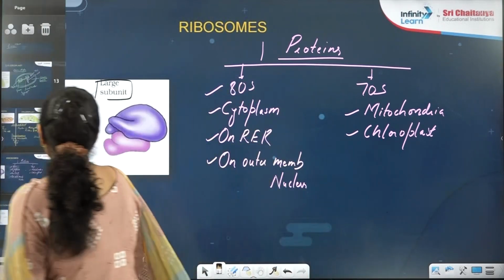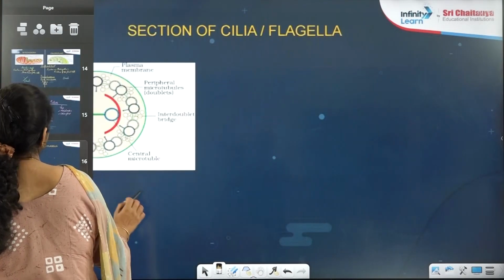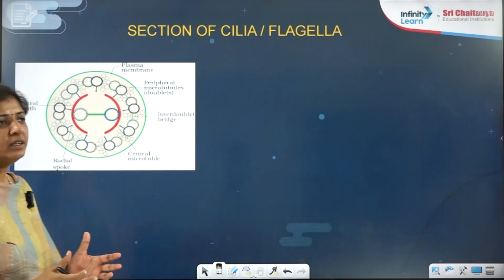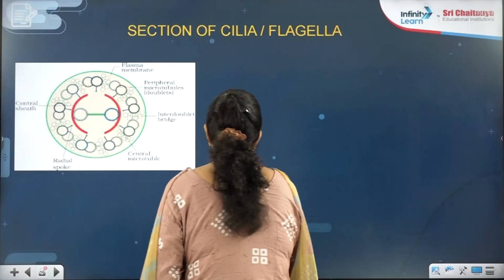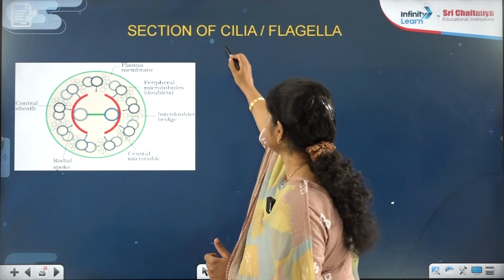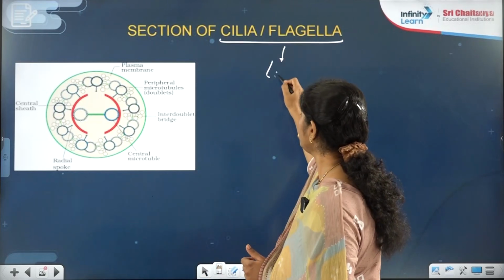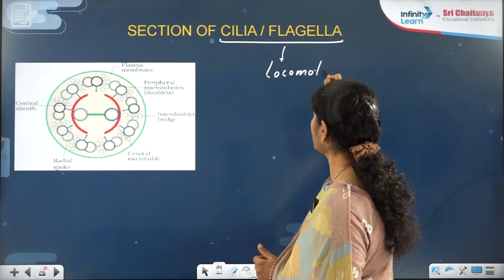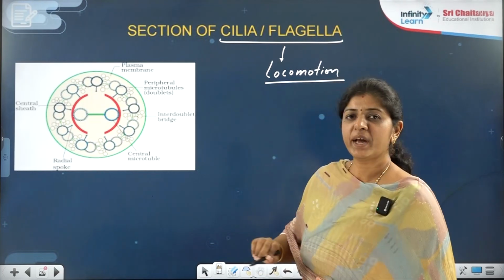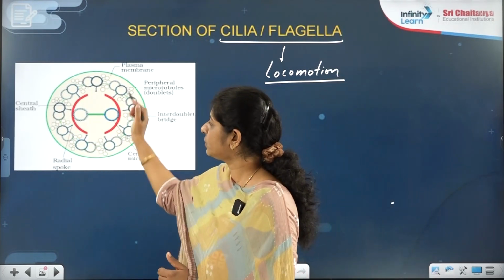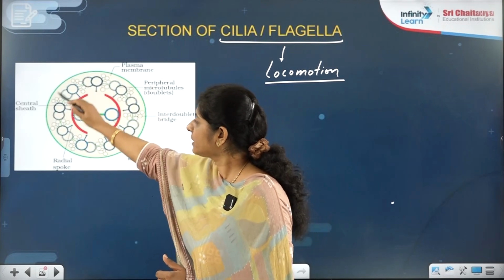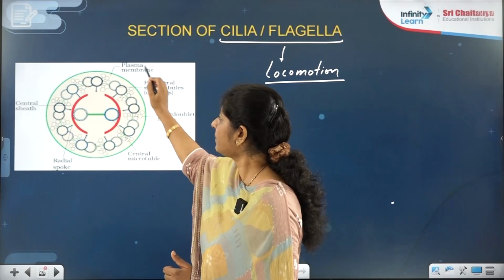Fine. So let me now take these two structures in short, and it's very important, we cannot miss them. Flagella and cilia are both for locomotion in eukaryotes, right? If we cut a transverse section, you will find inside it is covered first of all by the plasma membrane.